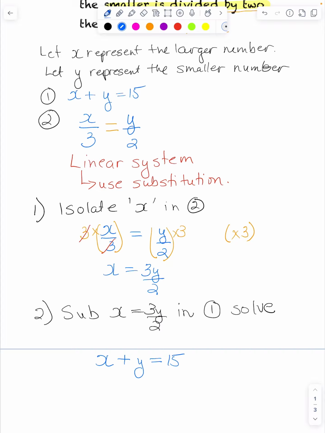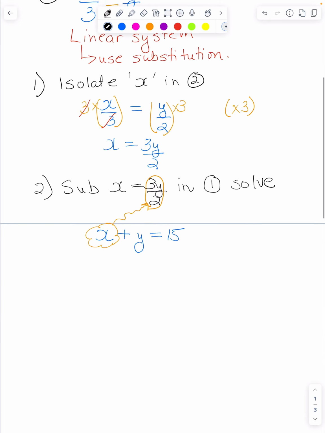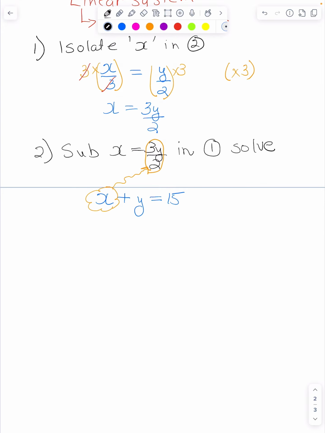I am going to now take this x, and that is what is going to be replaced with 3y over 2. So 3y over 2 plus y is equal to 15. I have a fraction now.